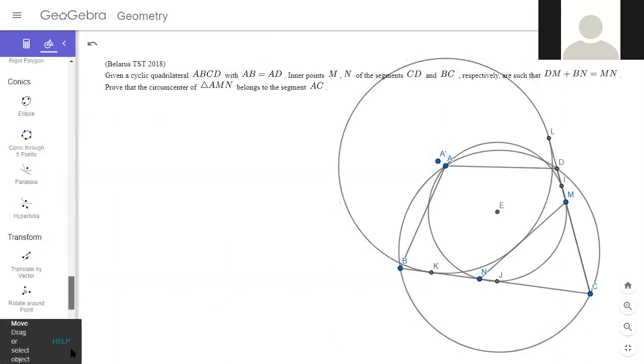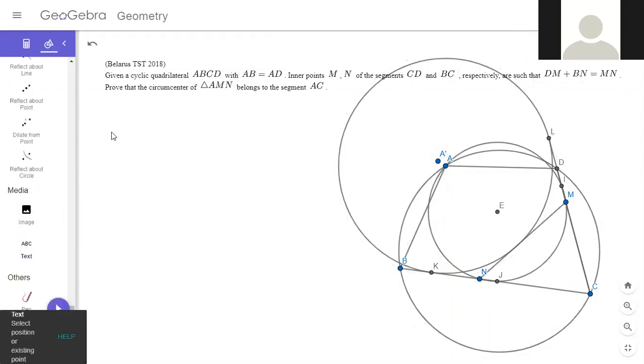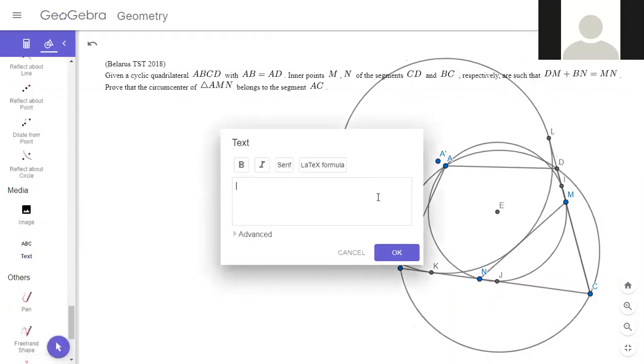So we can say let A prime be the center of the X circle omega of triangle MNC.